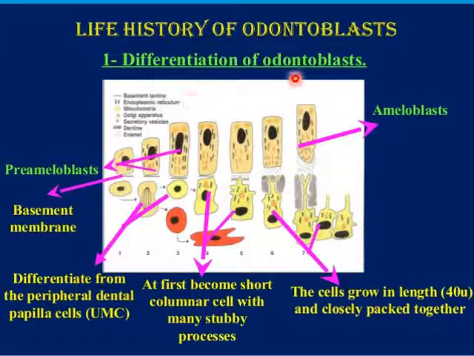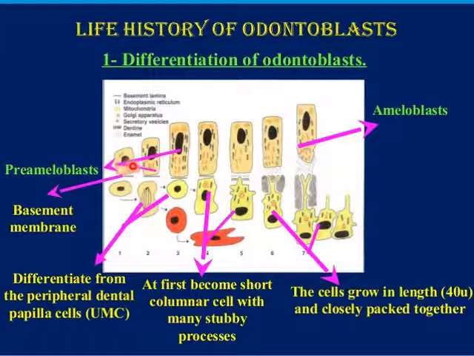The differentiation of odontoblast. This picture shows a diagram representing the undifferentiated mesenchymal cells of the dental papilla here, and this is the basement membrane that separates these cells, or peripheral cells of the dental papilla, from the inner enamel epithelium here.